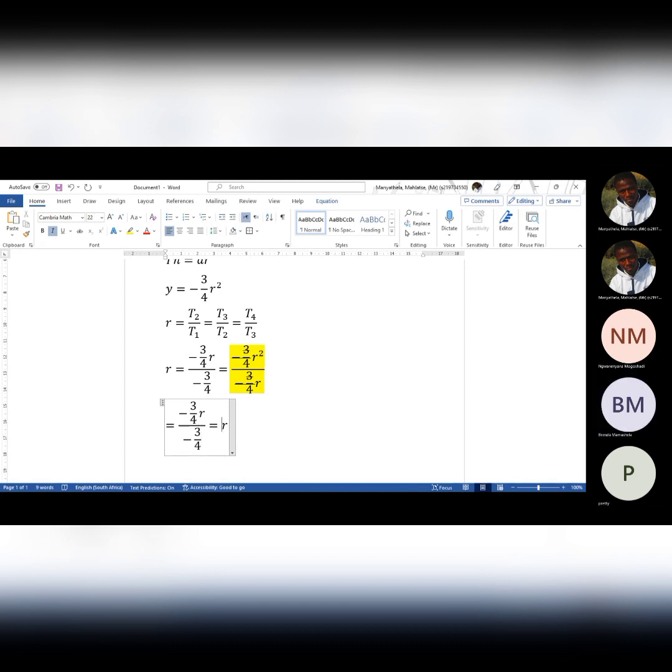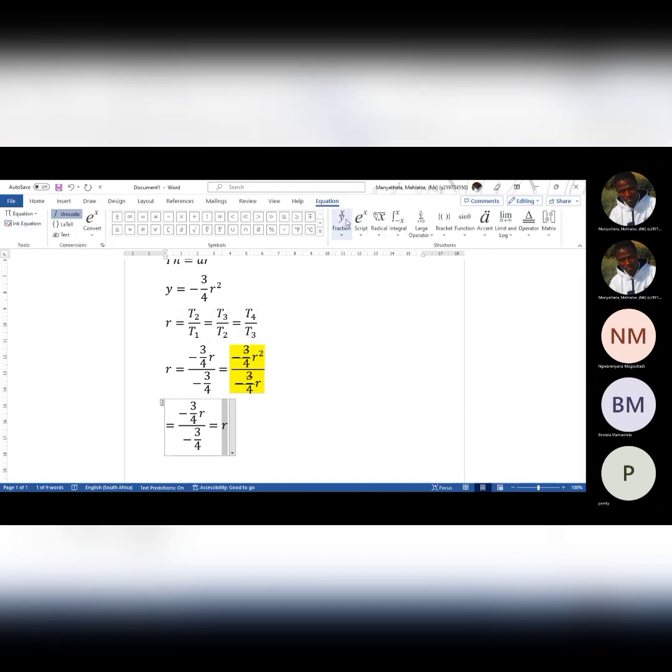So this is the same as in terms of fractions. Nothing changed, still the same.